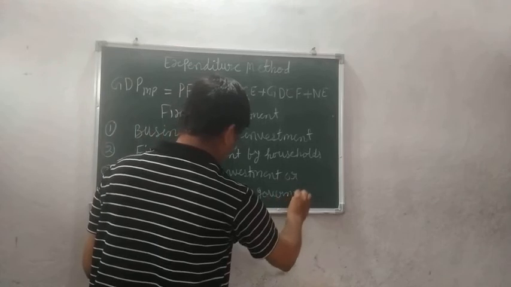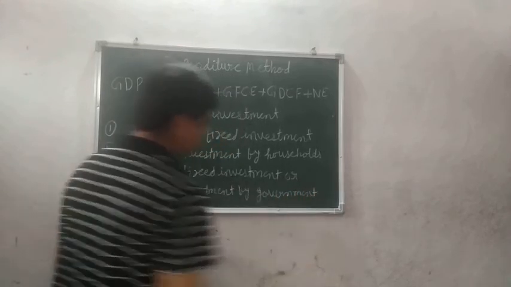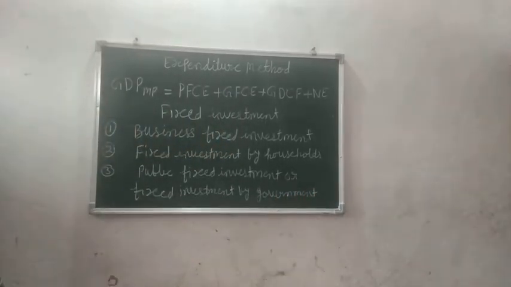Okay, so these are the three things which we will have to keep in mind while calculating the gross domestic capital formation, and the part of it is fixed investment.